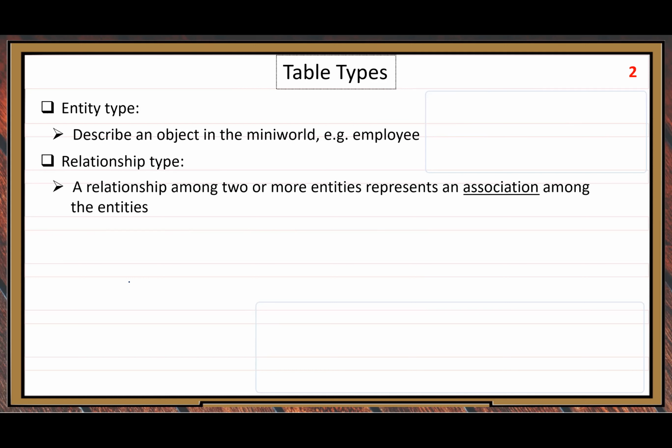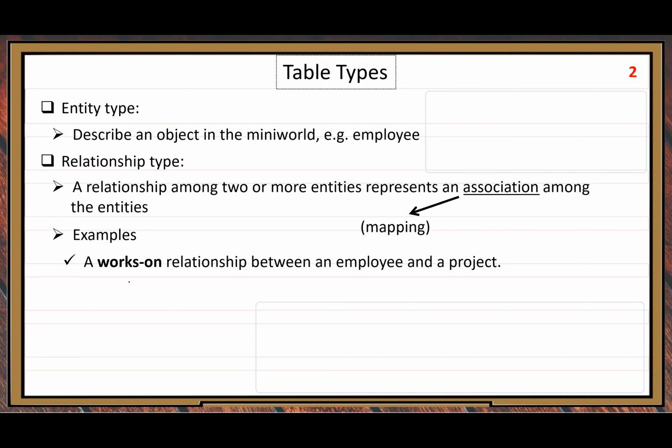So you may ask, what's the relationship type table? Here association is mapping. Mapping gives us the relationship information. For example, a works on relationship between an employee and a project.